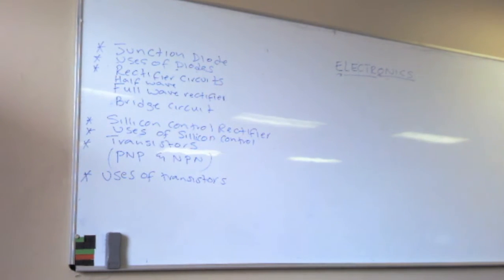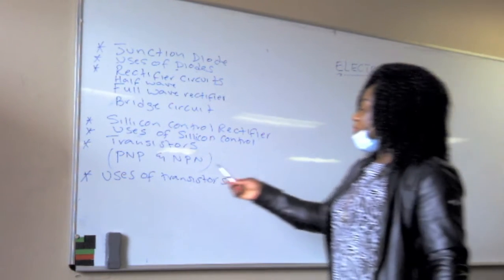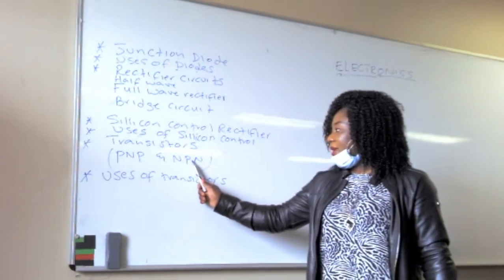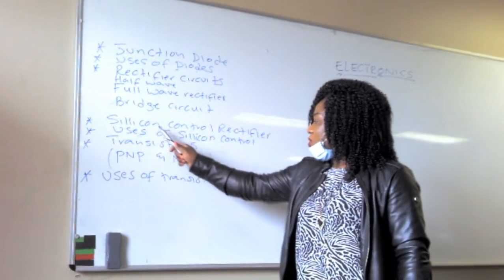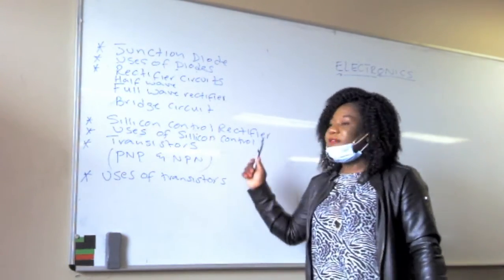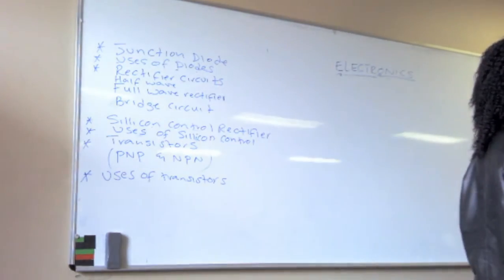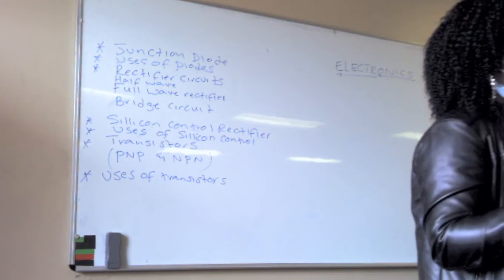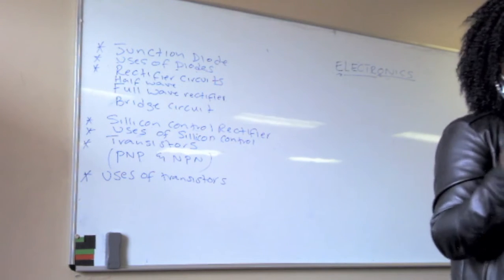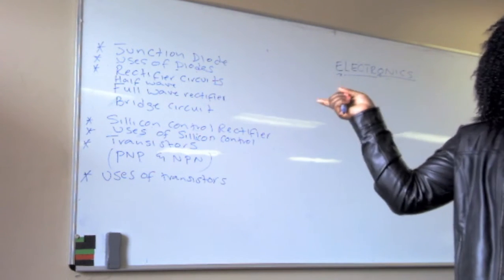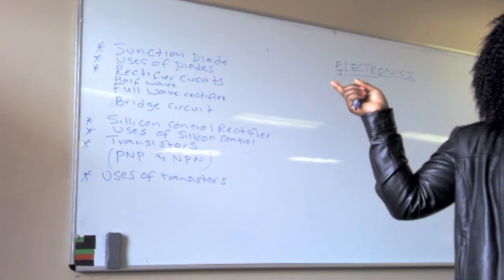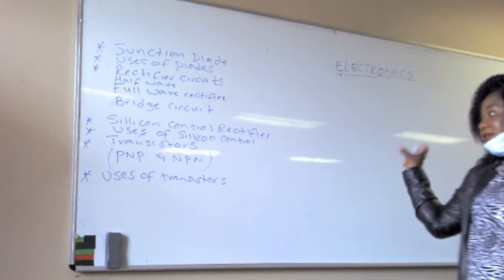Then transistors: we are going to talk about the two types, PNP and NPN. Then I'll also talk about a silicon controlled rectifier, which is another electronic circuit symbol that you need to understand. And then applications, because for each of those I've put down the uses of them. And yes, you have to know the symbol.